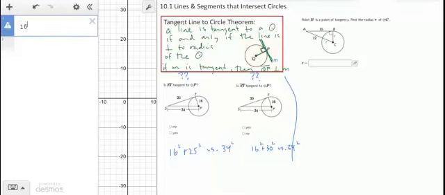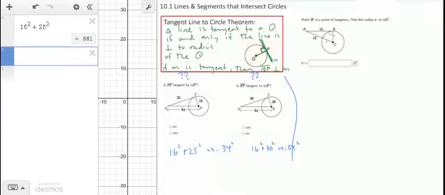So if I take these calculations here, and I compare the sum of the squares versus 34 squared, I get 881 is not equal to 1156. Okay, so I know this is an obtuse triangle. It's not a right triangle, which means this could not be a tangent segment.